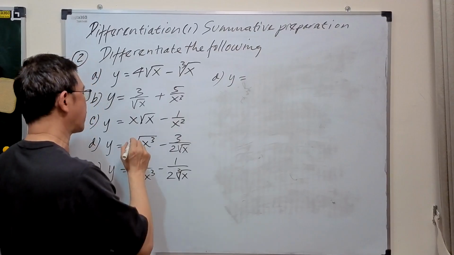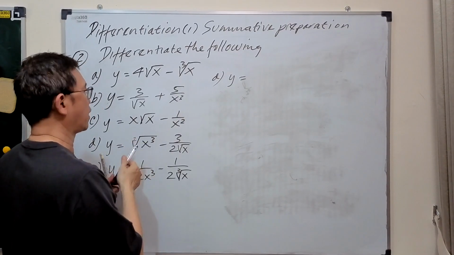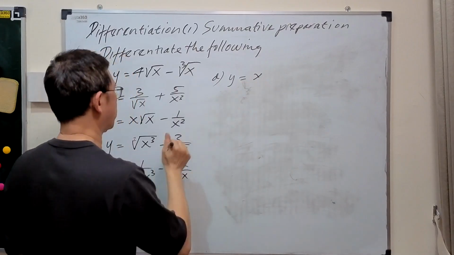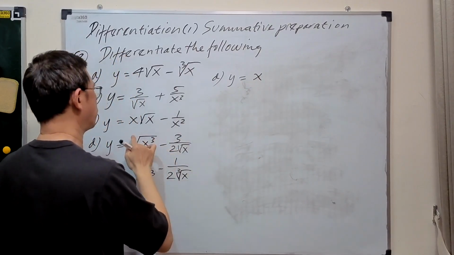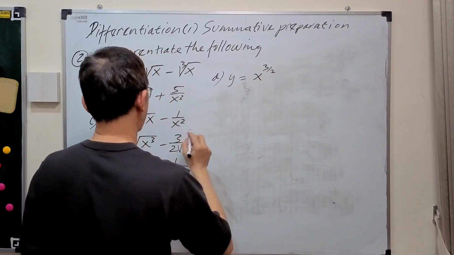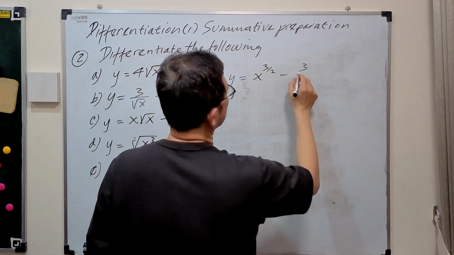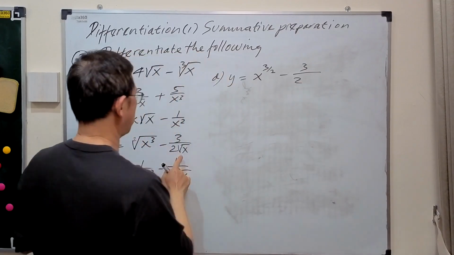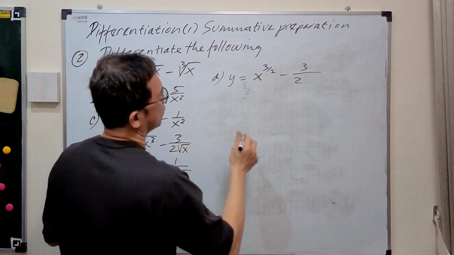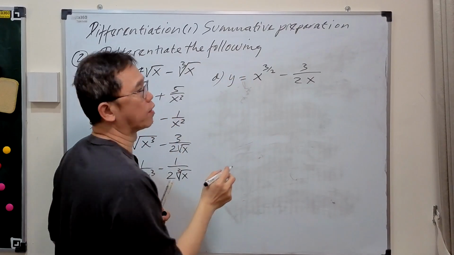You treat this like there is a 1 over 2. So this will be x to the power of 3 over 2, minus 3 over 2, then root x will be expressed as x to the power of half.